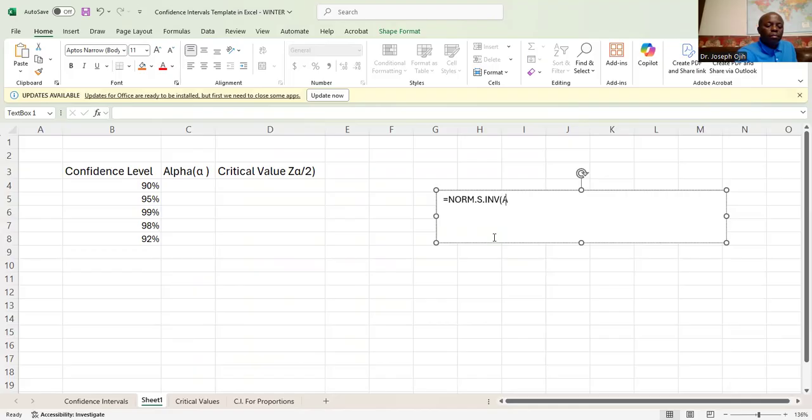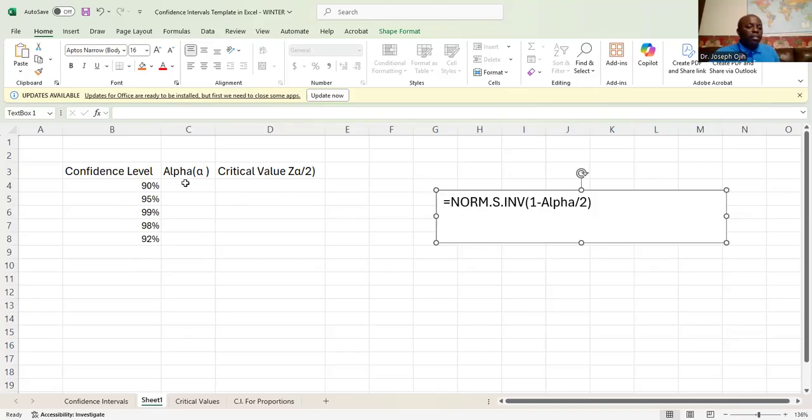Why the equal sign? Because remember I explained at the end of the semester that when you want to do a calculation that involves Excel, you have to use the equal sign first to make sure it's in ready mode.